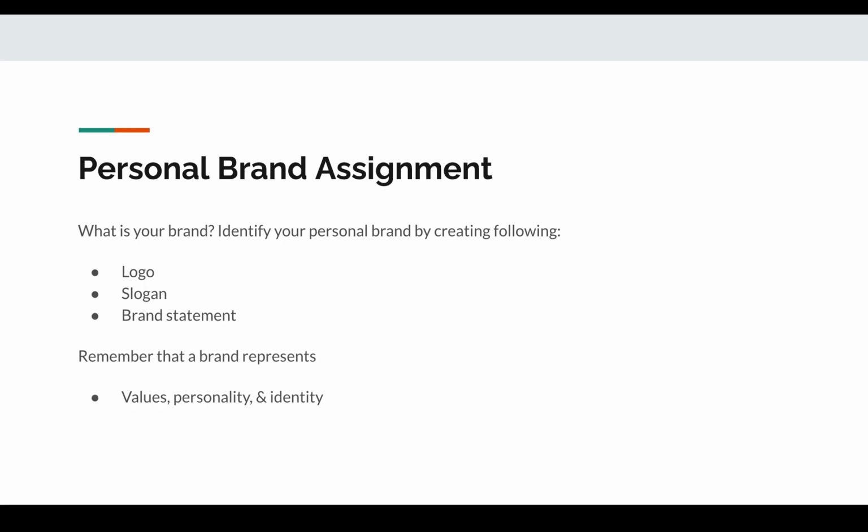So in the past, a lot of people have included things like in their logo, they might put in their initials. They might put in things that they value, like if they are really athletic and they are a volleyball player or basketball player, they might put elements of that in their logo, just to represent things that are important to them. And then you'll come up with a brand statement. So what are your mission, your goals? And then a slogan. If you need help with this, please let me know.